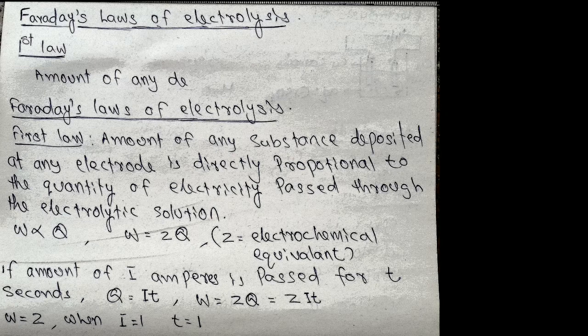If the current passed is 1 ampere for 1 second, the value of I is 1 and the value of T is 1, so W equals Z. So the electrochemical equivalent is equal to the amount of substance deposited at the electrode if the values of I and T are 1.